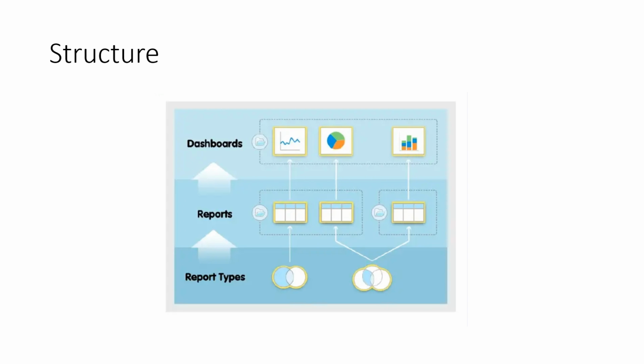So at this level, we define the fields and the data available at the report, so then we can create a report. The report is a collection of fields from a specific object and the relationships defined at the report level. And then we have dashboards. Dashboards are a collection of reports which display info from reports as graphs.